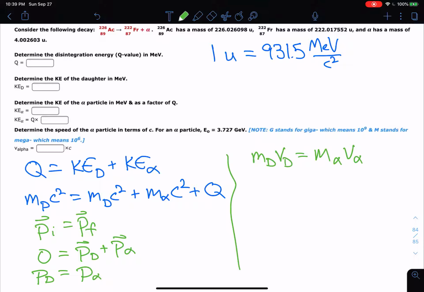Now right here, a good trick is to go ahead and square everything. It won't be obvious at first why I'm squaring everything, but I think you'll see it before I get to the punchline. Now what I'm going to do, and this may seem even more mysterious, I'm going to divide by the mass of the alpha, just one of them, not both, just one.